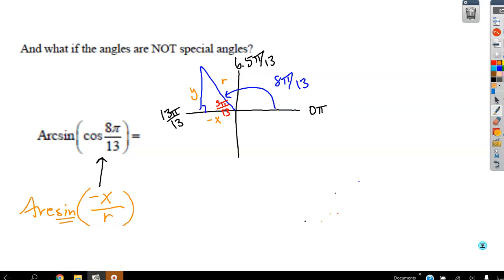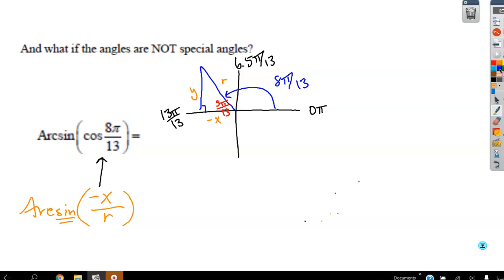So here's the easy way to do that. If you want the sine ratio to be this, that means you want the opposite to be this value and the hypotenuse to be this. So look at this triangle. You can't use this angle, but if you use this angle, then the opposite over the hypotenuse would be negative x over r. So that's what we're going to do.